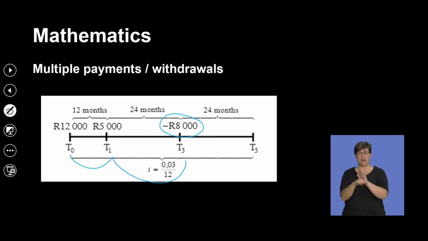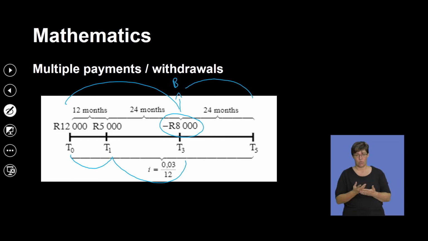The reason for the minus there is to show that she actually withdrew from her account, and then she leaves the balance. So for this duration, the interest was being earned, and then here she took out money, and then the balance that was there was left for the remainder of the investment for it to gain some interest there.